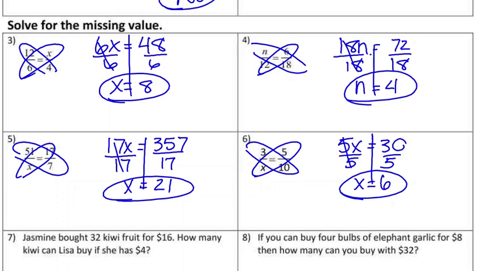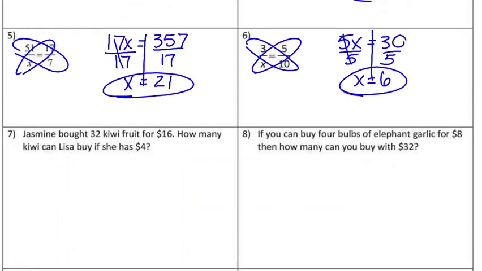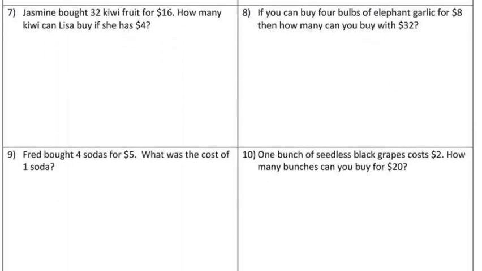Okay, the last thing I want for you to do is these 4 word problems. Remember that you set it up as your words, then your known ratio, then your last thing is your unknown ratio.